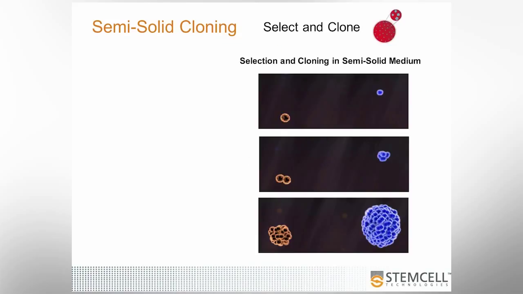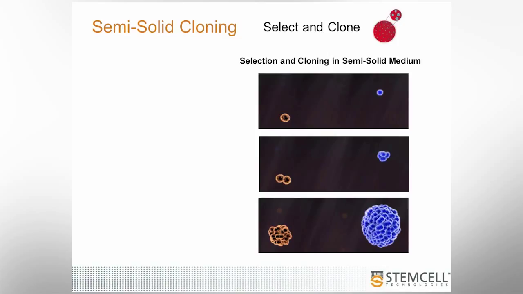So there are a couple of important aspects that really differentiate the semi-solid cloning mechanism. Firstly, again, we have these cells that are suspended in that three-dimensional growth environment of the semi-solid medium, and as they grow, they each grow into discrete colonies, and each colony is derived from proliferation of a single original cell. So this means that each of those colonies has a very high probability of monoclonality.